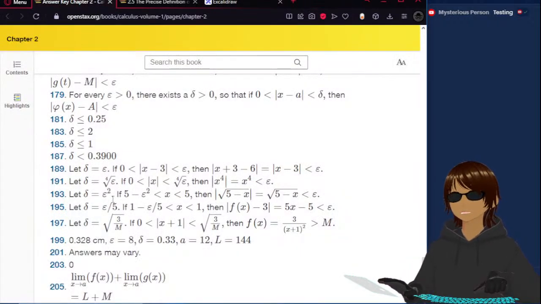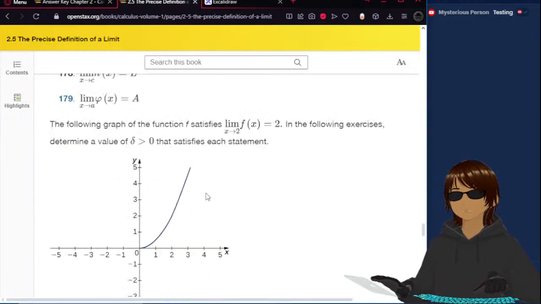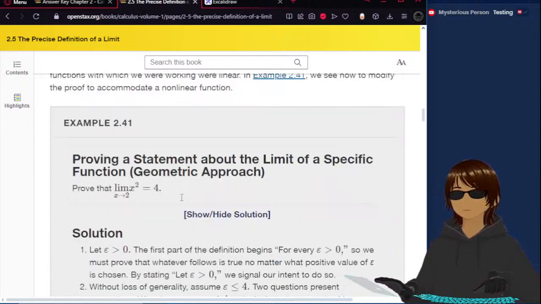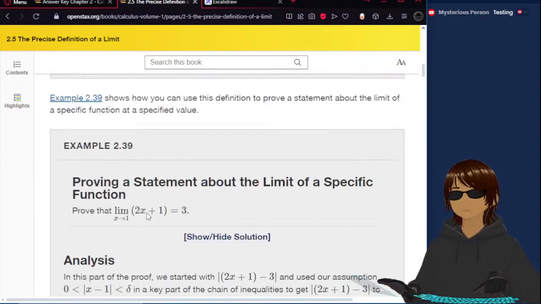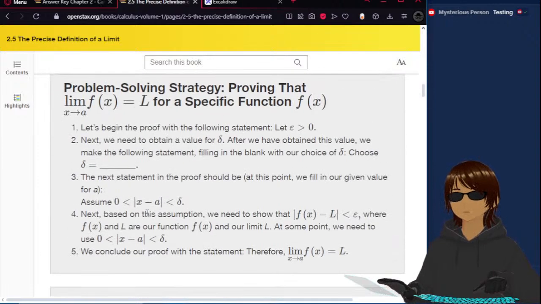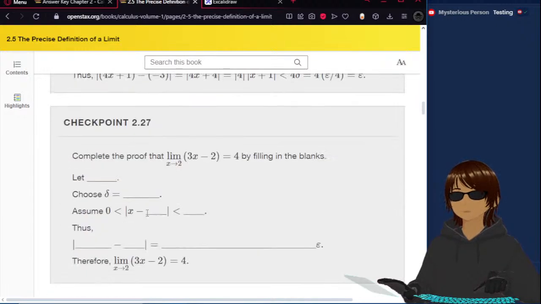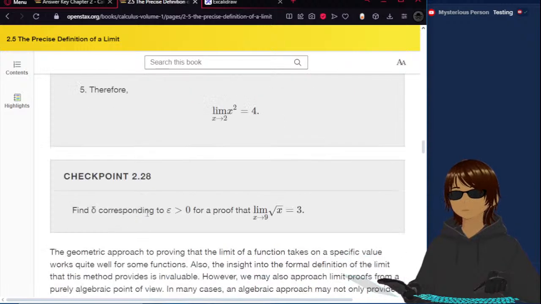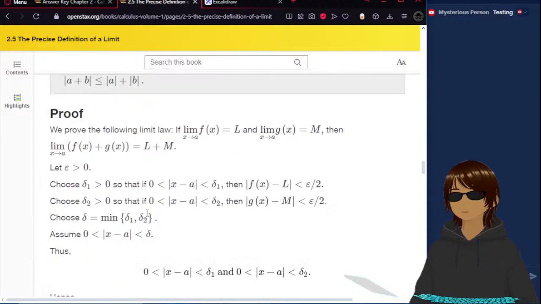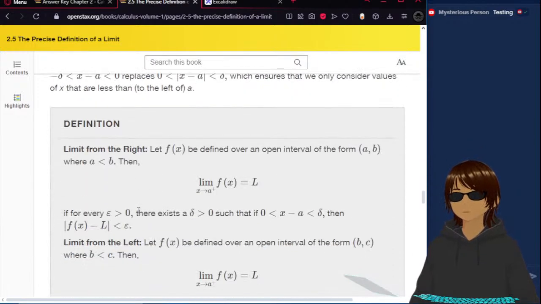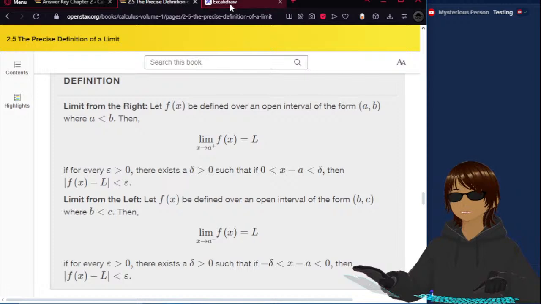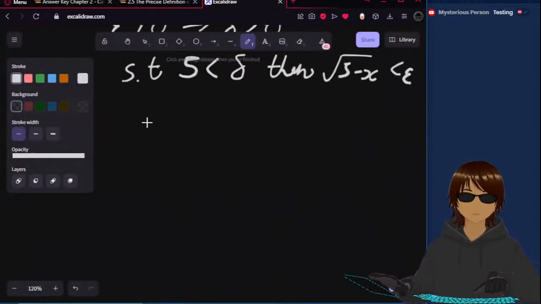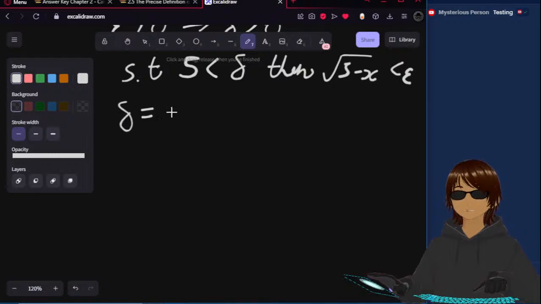Let delta be epsilon cubed. Hold on. If for every epsilon there exists a delta, okay, let epsilon exist, and let there be a delta equal to epsilon cubed.